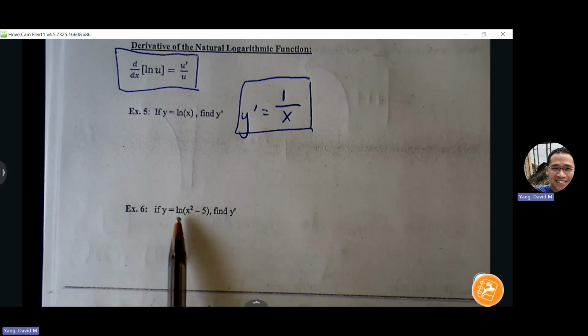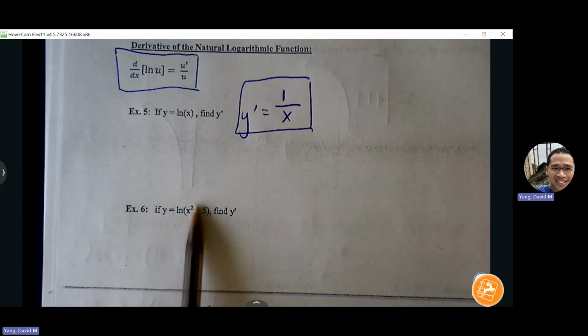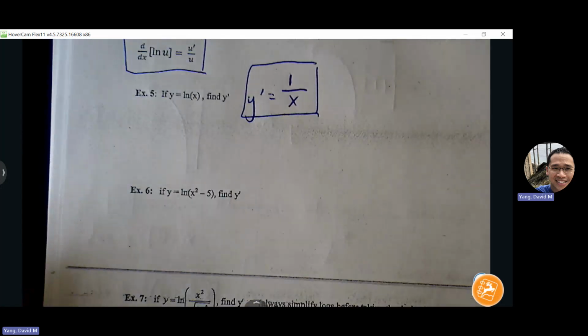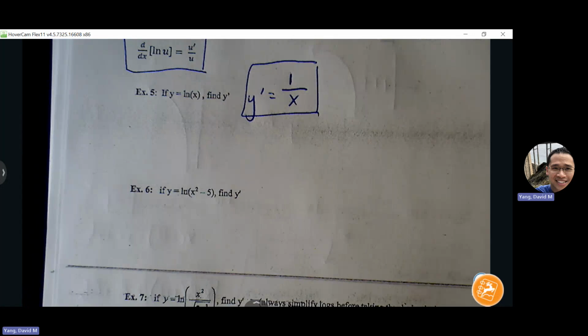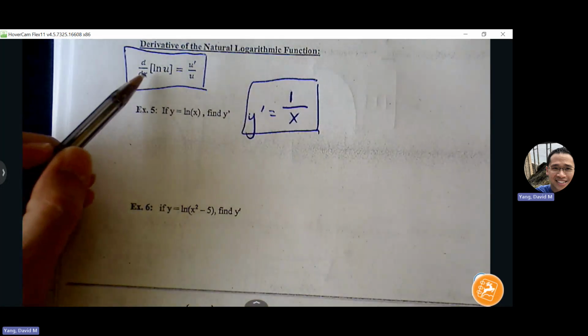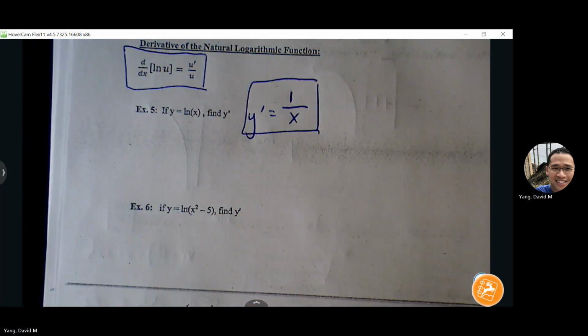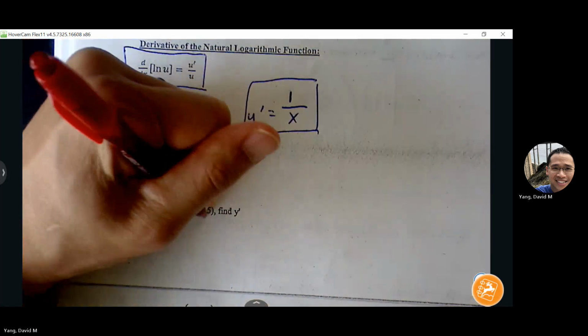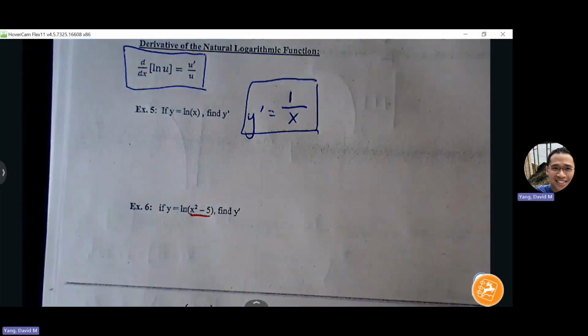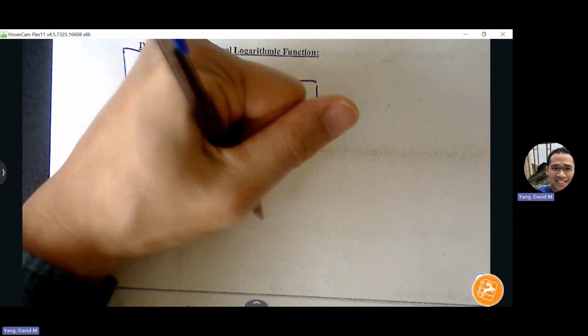Okay, so here, natural log of x squared minus 5, again, we have to leave it in this form, right? I cannot distribute this through and create a different problem out of this. This is as cleaned up as I can get on this side. Okay, let's jump into our derivative rule here. What's my u value? That's my u value. So my rule is simply u prime over u.